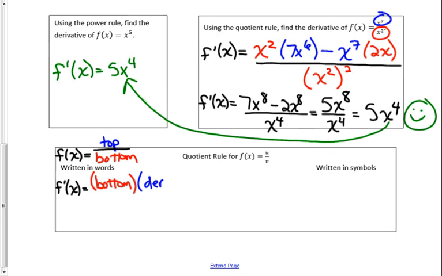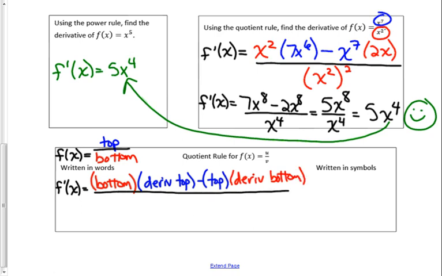I'm just going to write deriv top minus the top times the derivative of the bottom. And I'm going to divide all of that by the bottom squared.